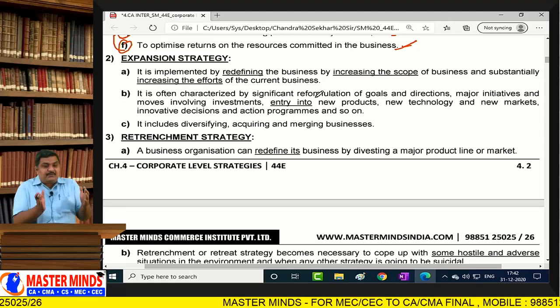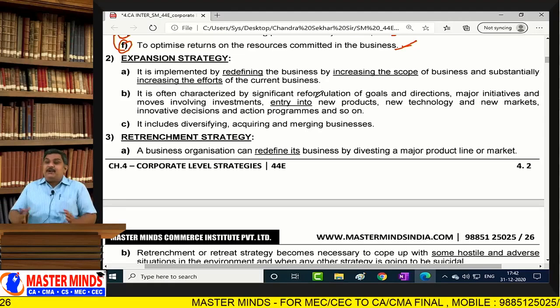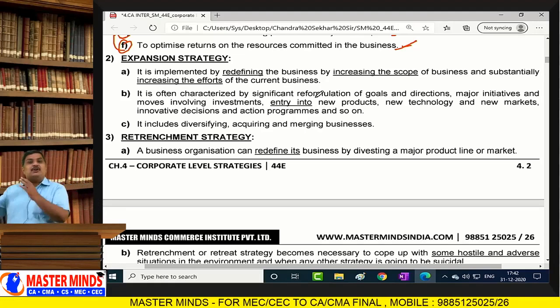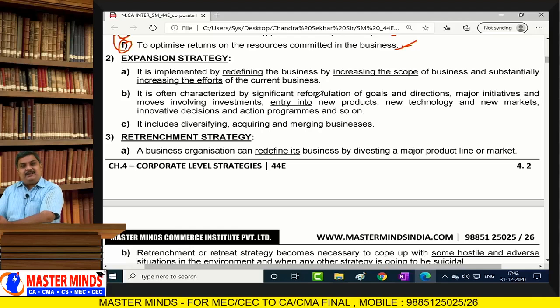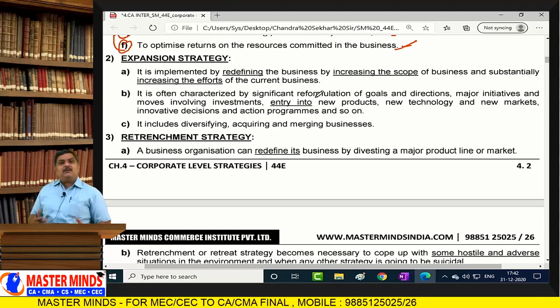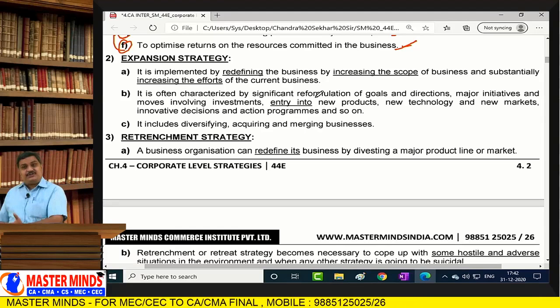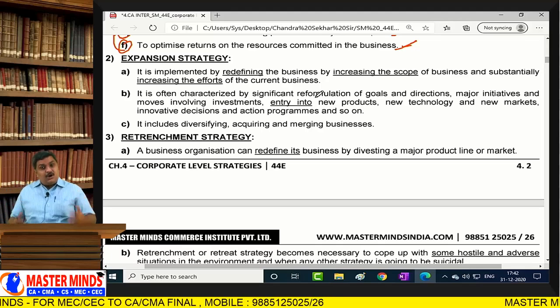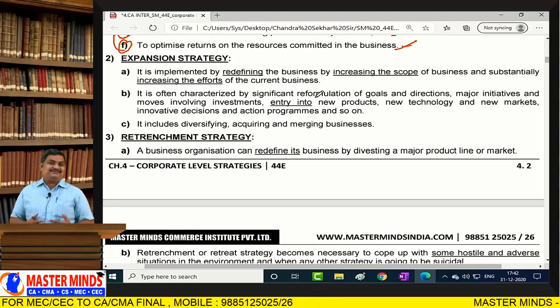So far I have restricted myself to IT. But depending on the business environment, I strongly feel that entering into FMCG or digital payments is good for the growth of my business. Then definitely I will go into that. Now my business definition has changed. I am no more an IT company. I am now a well-diversified company.